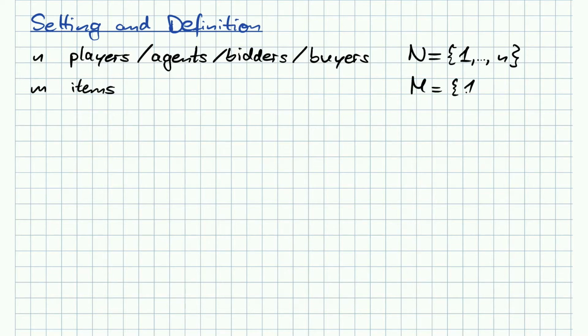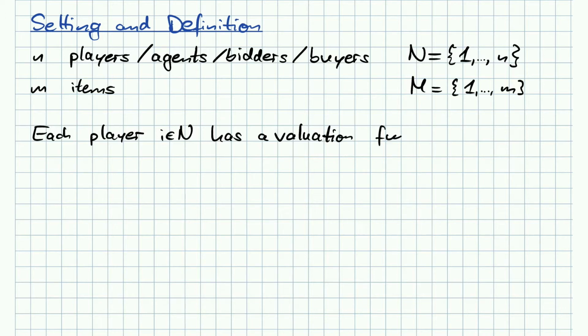This is the set we call 1 through small m, and which we call capital M. And we're now in the standard setting of combinatorial auctions, so each player i has a valuation function Vi mapping from the power set of the items to the non-negative reals. So again, each player has a non-negative value for every subset of the items.